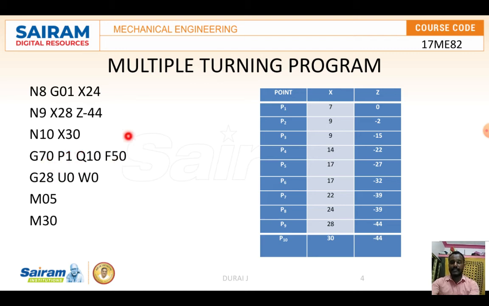So here G70 is the P1 to Q10. So this is the finishing cycle. So here only the tool movement goes slowly and we are going to get some good surface finish over there. Okay, then finally we are going to apply the end of the program, that is G28 U0 W0 M05 M30.